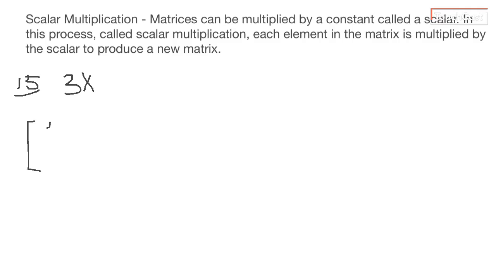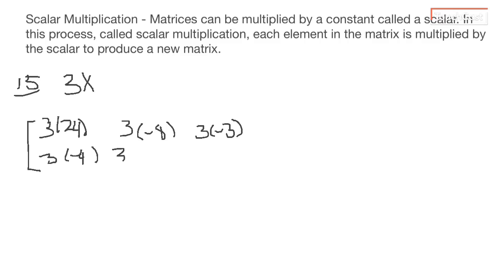We're going to go 3 times 24, 3 times negative 8, 3 times negative 3, 3 times negative 4, 3 times 6, and 3 times negative 17.